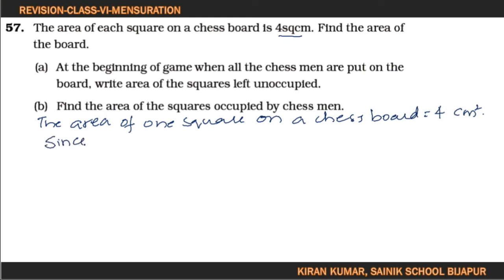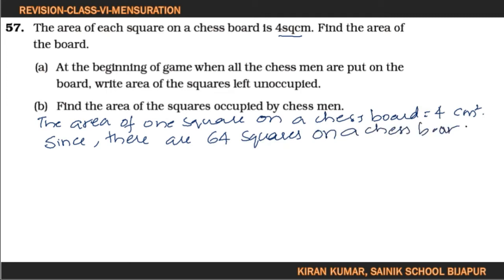Since there are 64 squares, if you observe, 8 will be this side, 8 will be this side, so it is 8 by 8, which is 64 squares on a chessboard. Therefore, area will be equal to 64 times 4, 256 centimeters square.